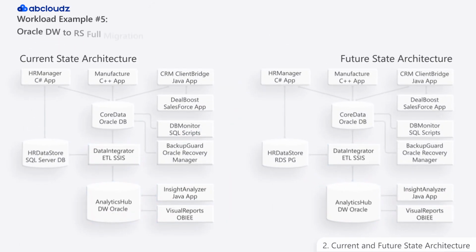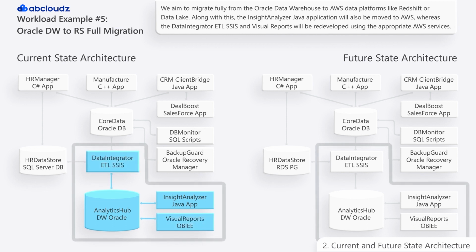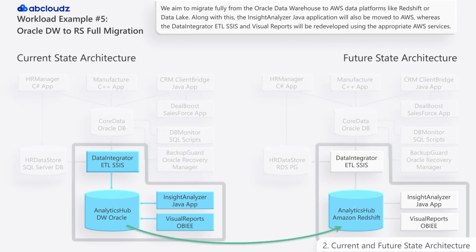In the last scenario, the client aims to fully transition from the Oracle warehouse to AWS platforms, moving the Insight Analyzer Java application to AWS, while redeveloping the Data Integrator ETL SSIS and Visual Reports using AWS services. In this case, the customer also chooses Amazon Redshift to migrate their entire Oracle data warehouse.